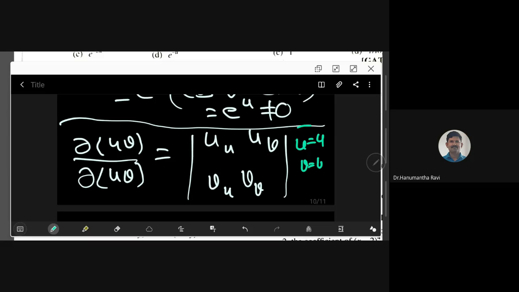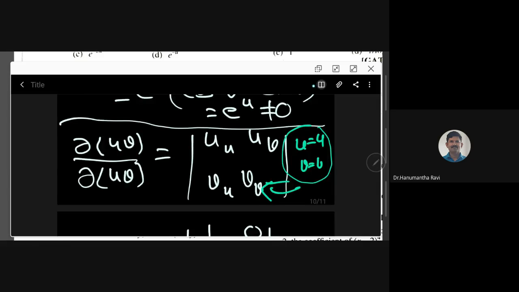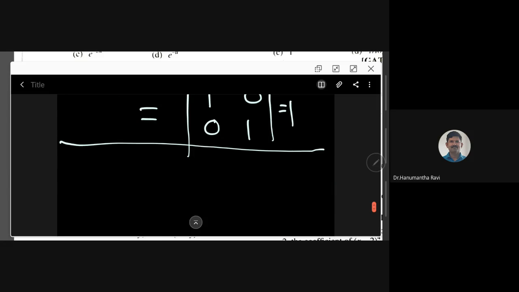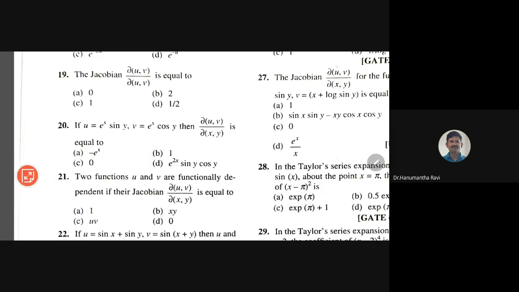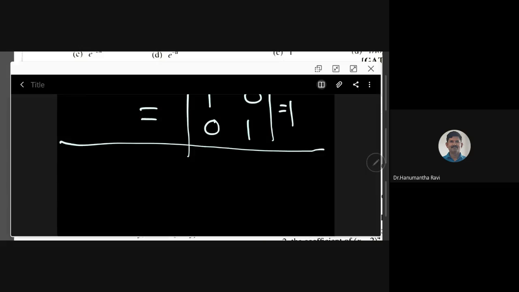This is the thing he is talking about here. So that is why dou u dou u is 1, dou u dou v is 0. Similarly, dou v dou u is 0, dou v dou v is 1. That's why I wrote like that. It is 1. So now next come to the other example here. What is that other example? u is equal to e power x sin y.